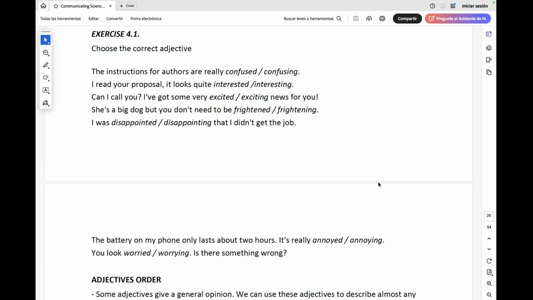So when using an adjective ending in ed, we are talking about the feeling and emotion, about people. So in this case, we could say the authors are really confused by the instructions. Great, thank you. Luz, can you read the second one, please?